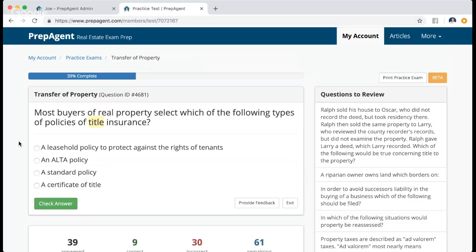Most buyers of real property select which of the following types of policies in title insurance? A, leasehold policy to protect against the rights of the tenants. B, an ALTA policy. C, a standard policy. Or D, a certificate of title.